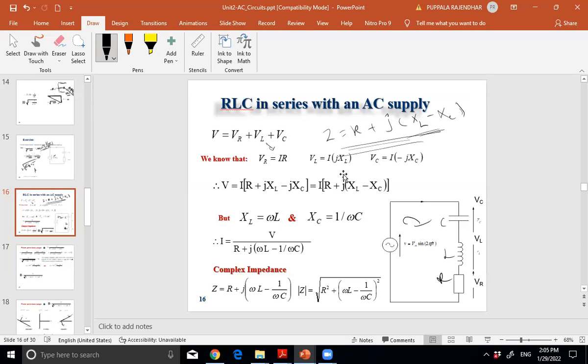What is XL? XL is omega L. XC is 1 by omega C. Then what is the magnitude here? Amplitude or magnitude is equal to the square root of real part square plus imaginary part square, that is R square plus XL minus XC whole square, right?